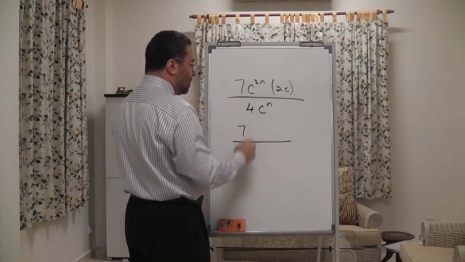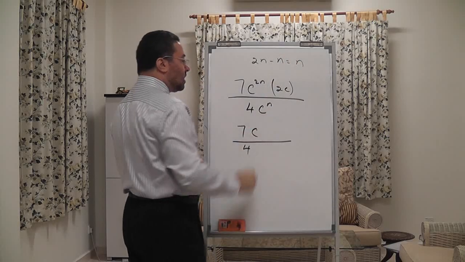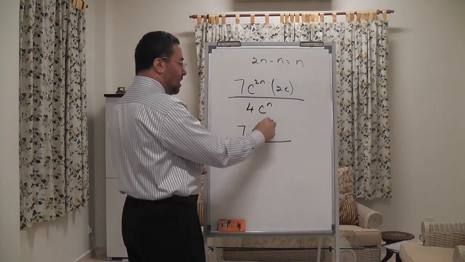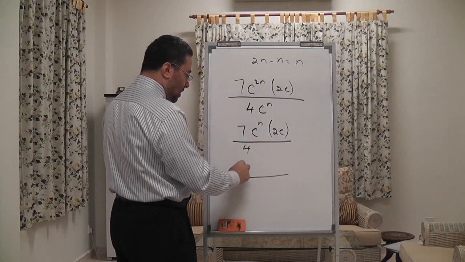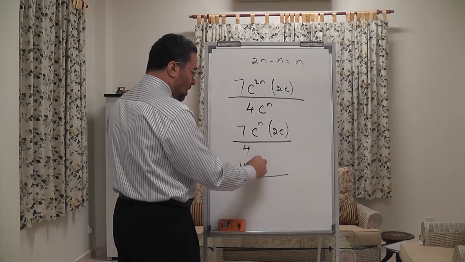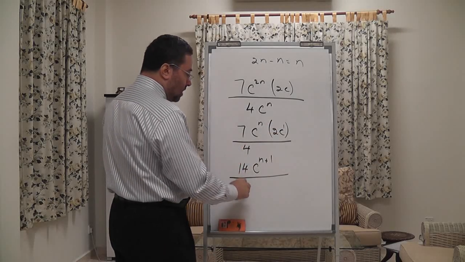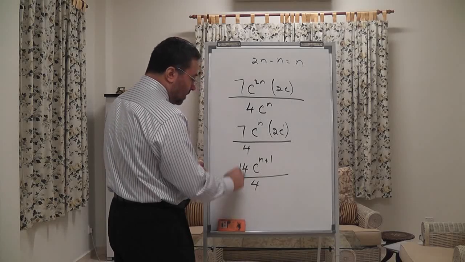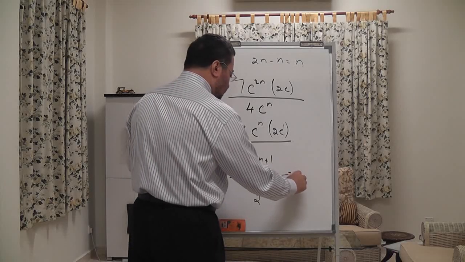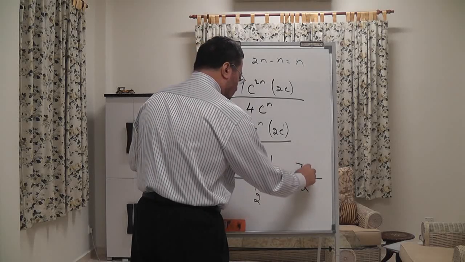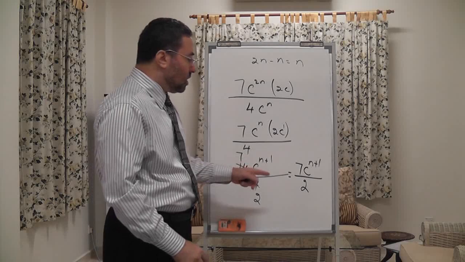So we have 7 over 4, minus these 2n minus n, and that gives us n. So in the numerator we have c to the n. Now this is times 2c. Let's do the multiplication. We get 14 c n plus 1. We add the powers. This is c raised to 1. And in the denominator, we only have 4. This cuts with the 14, 2, 7. And the answer will be 7c raised to n plus 1 divided by 2.